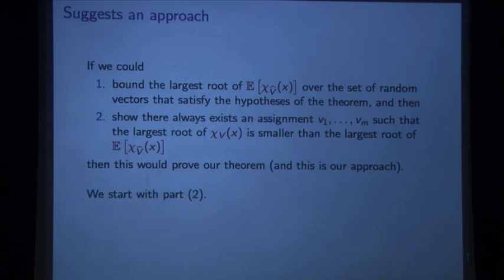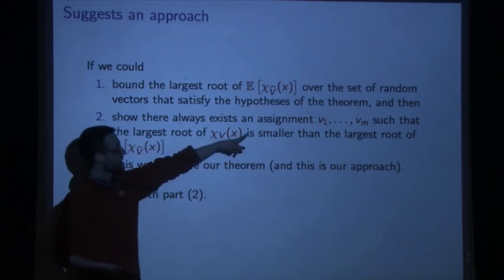We don't need strictly smaller. So, yes. Is it clear why the expected characteristic polynomial should be real rooted? No. It should not be clear why it's real rooted. It should not be clear that it has anything to do with anything, to be honest. When you add polynomials together, there's no reason why their roots should have anything to do with the original roots.